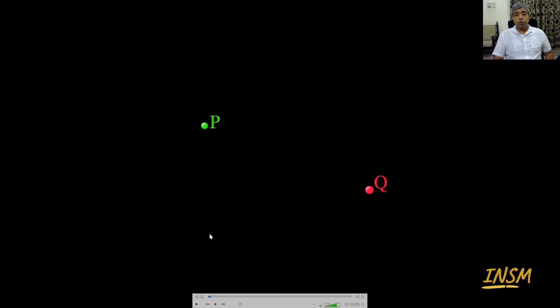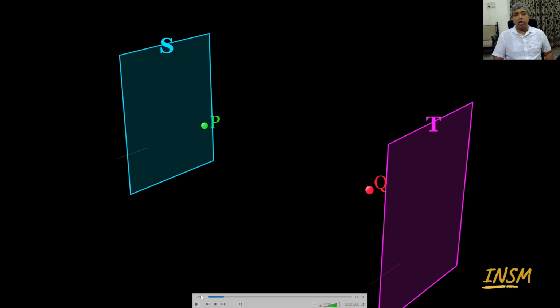So we see these are 2 points P and Q given. And these are planes set S and T which are parallel to each other. Since this S is a plane, you can draw any triangle of any area inside that.